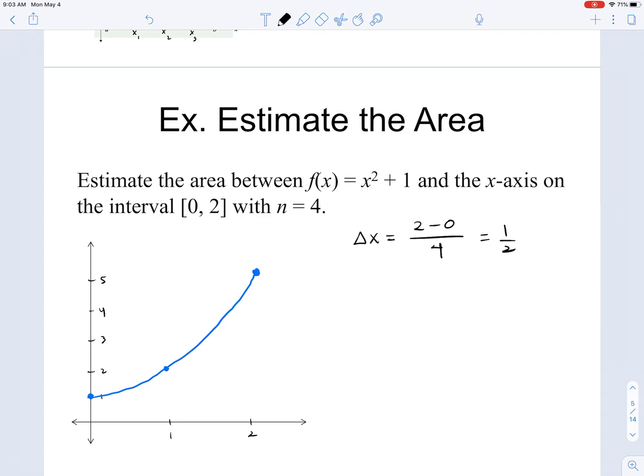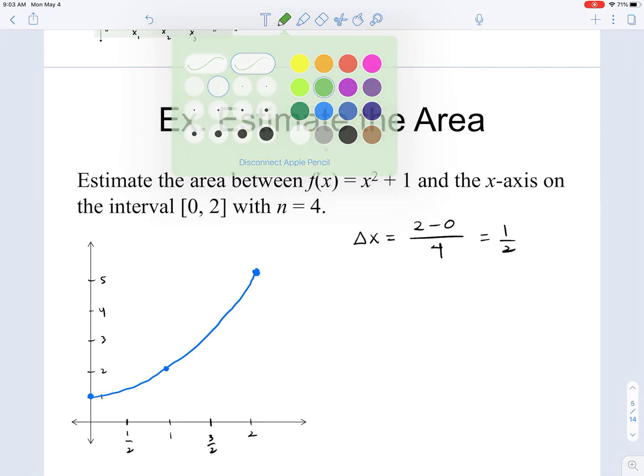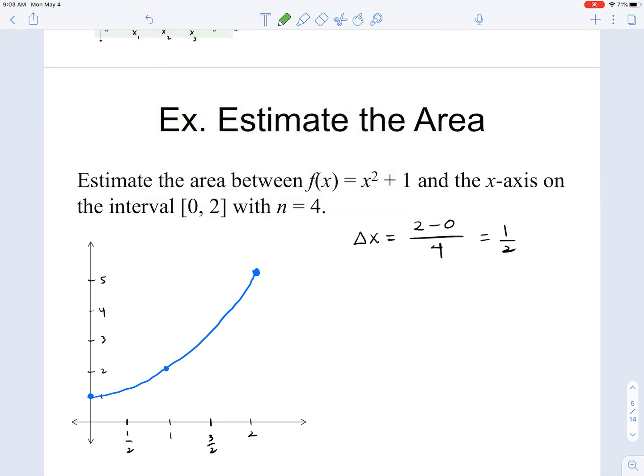So delta x in this case is going to be 2 minus 0, that's b minus a, divided by 4. So each rectangle and each subinterval will have a width of 1/2. Okay, so I'm going to add 1/2, 3/2 on here.